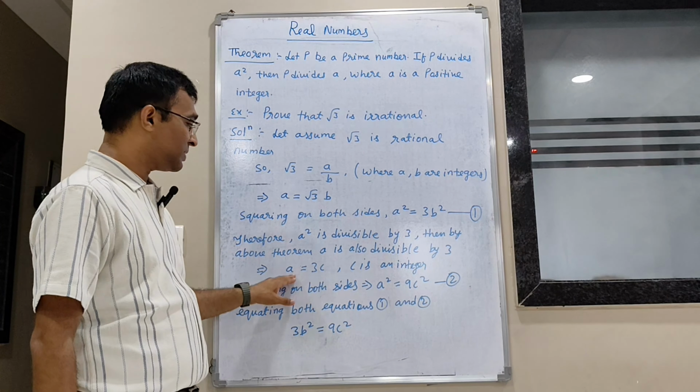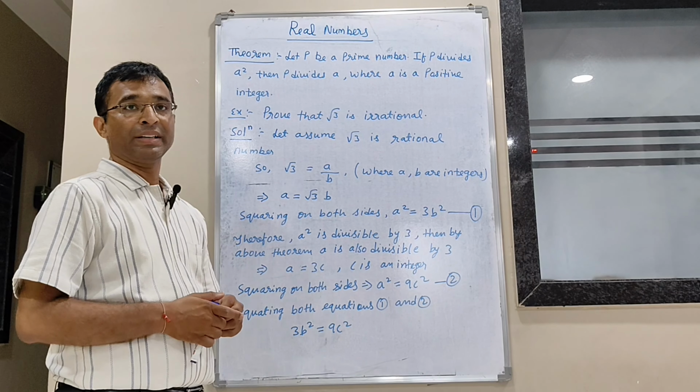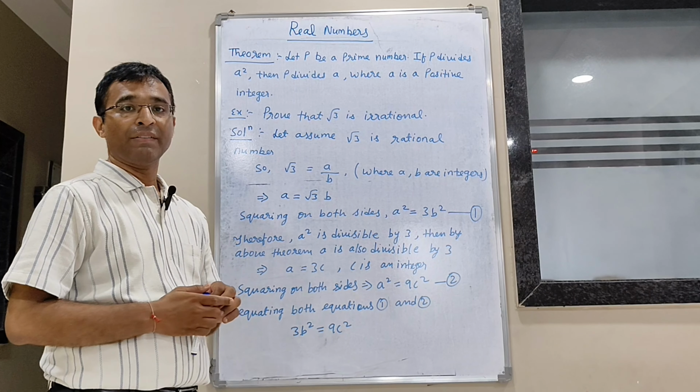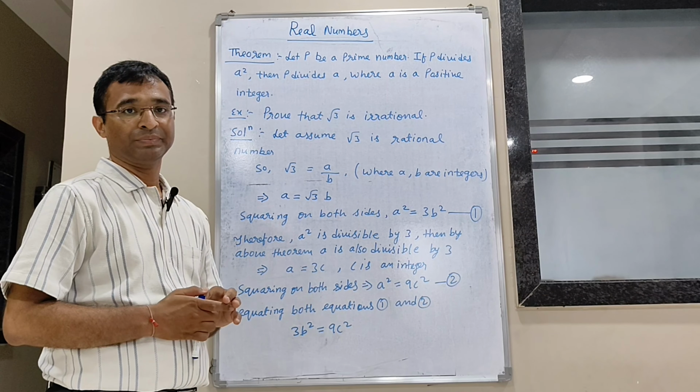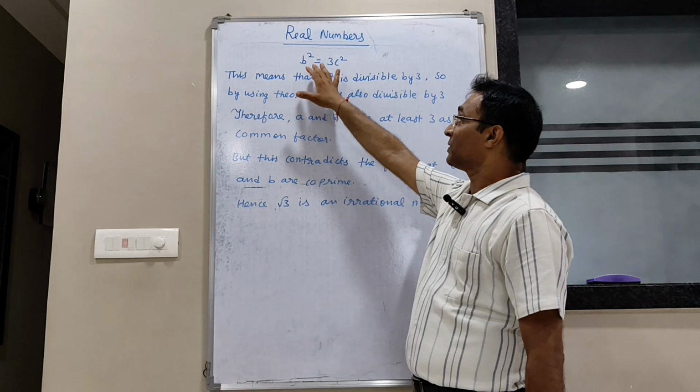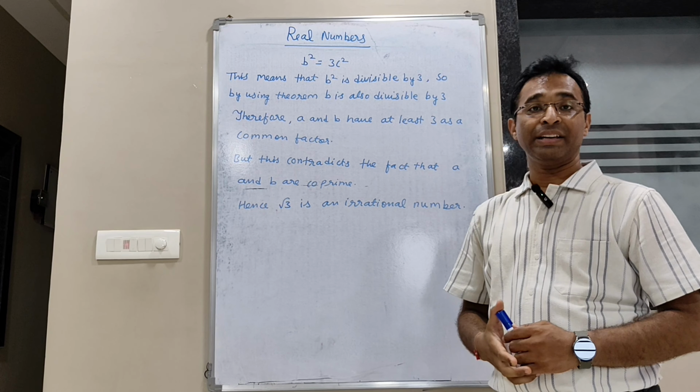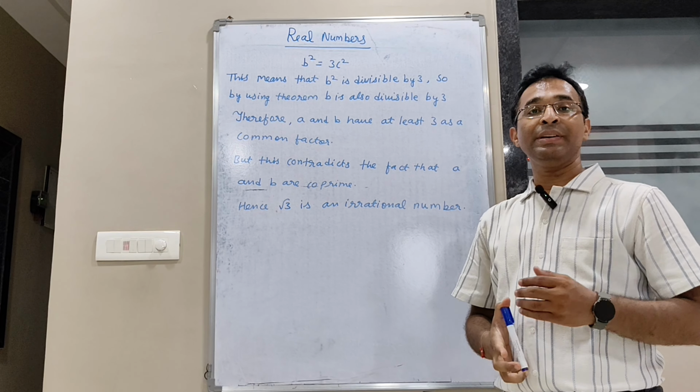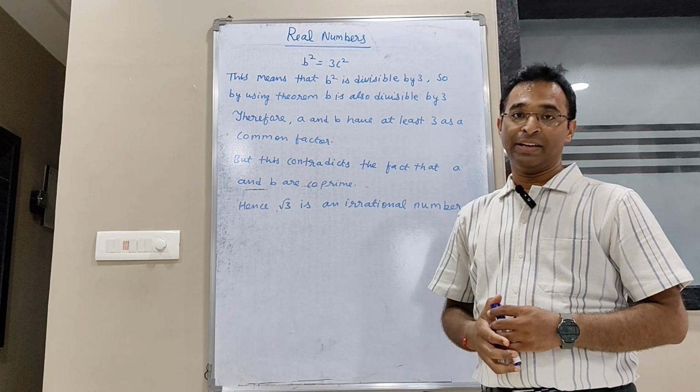Equating equations 1 and 2, we get 3b square equals 9c square. Hope everything is clear up till now. Further solving this equation, we get b square equals 3c square, but this means that b square is divisible by 3, and consequently b is also divisible by 3 using the theorem.